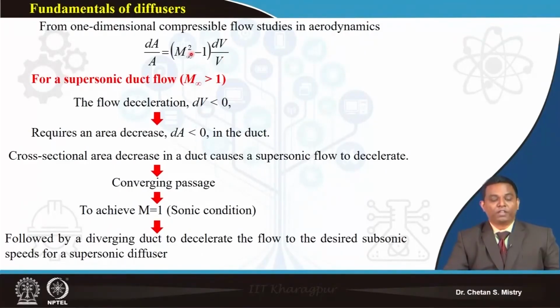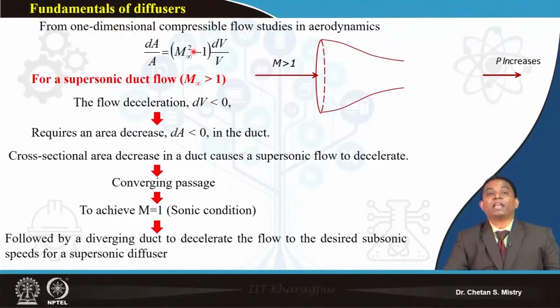From this equation, since my flow is supersonic, this term will be negative, and our requirement is compressing the flow, which means my dV by V also will be negative. So my passage area for supersonic flow will give me a decreasing area kind of configuration.